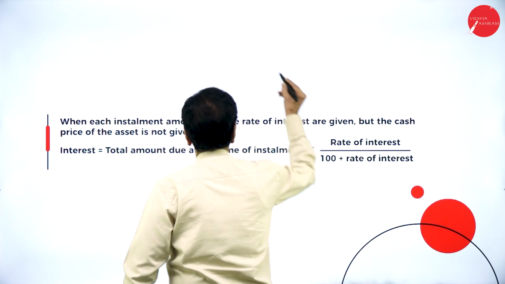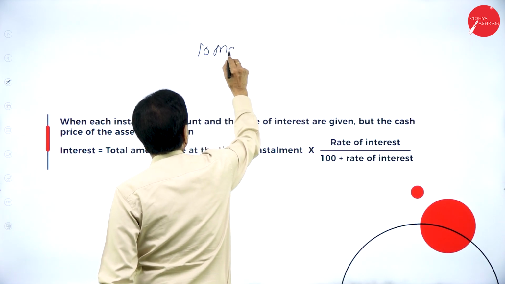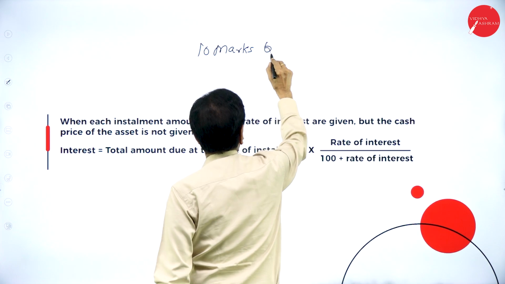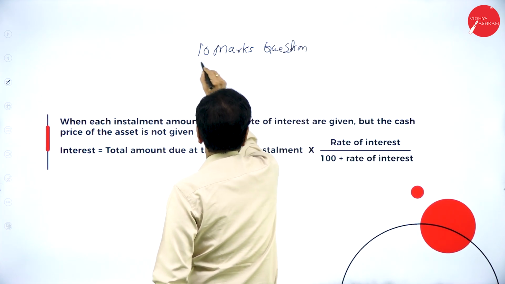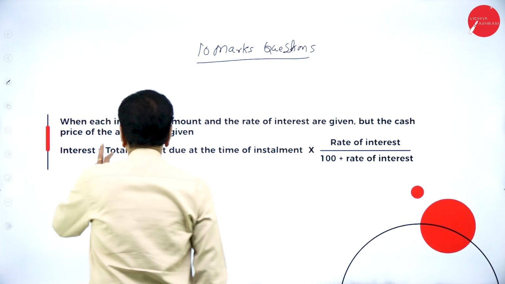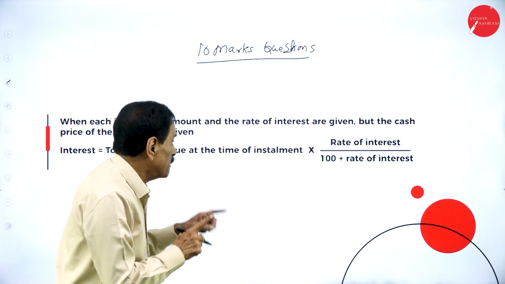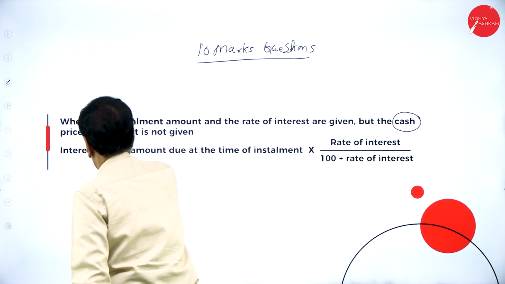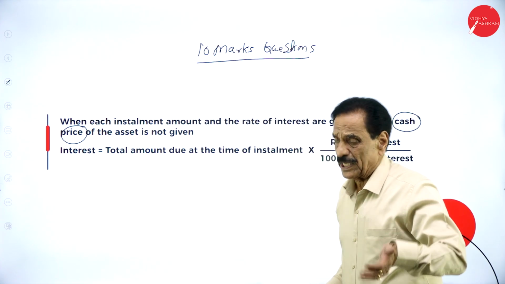This is for 10 marks question. Each installment amount and the rate of interest are given, but the cash price of the asset is not given, it is missing.